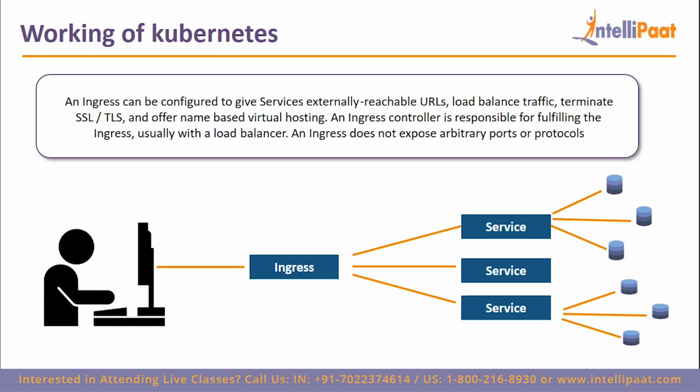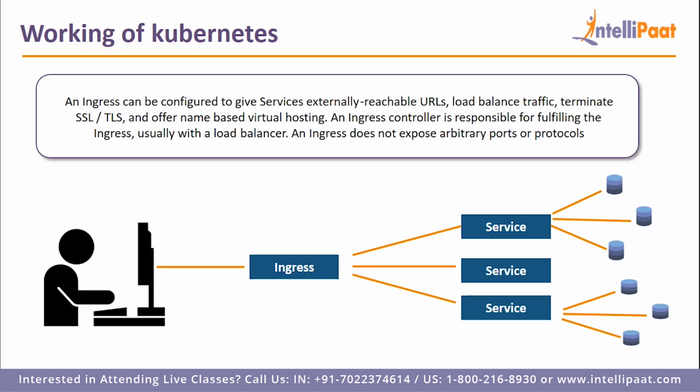Based on that name, it hits an IP address, which redirects it to a service. So the ingress IP is routing you to the port where the service is exposed, or, if it's a ClusterIP, it can redirect you to that service. From that service, it will show a logical set of pods. Whichever pod is available at the moment, it will go to that pod and retrieve the relevant information.